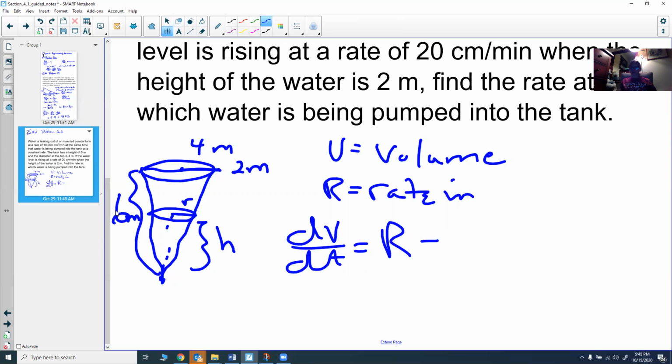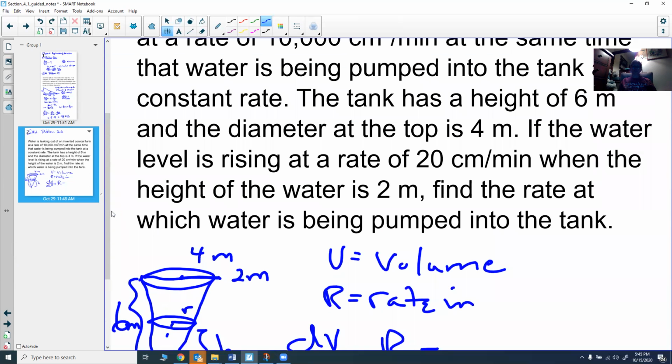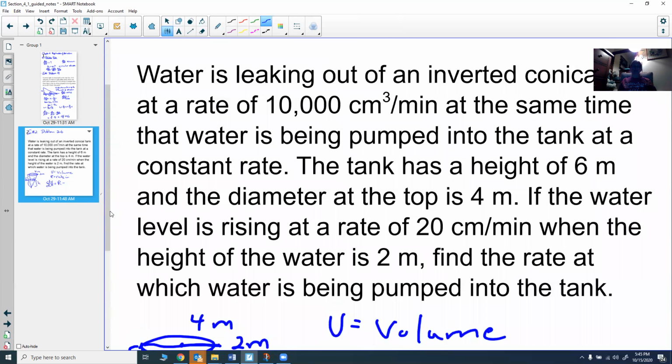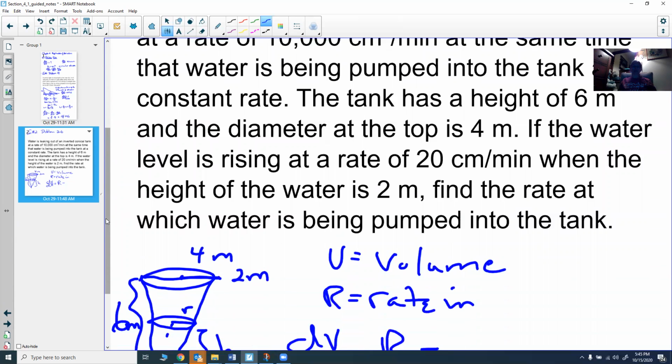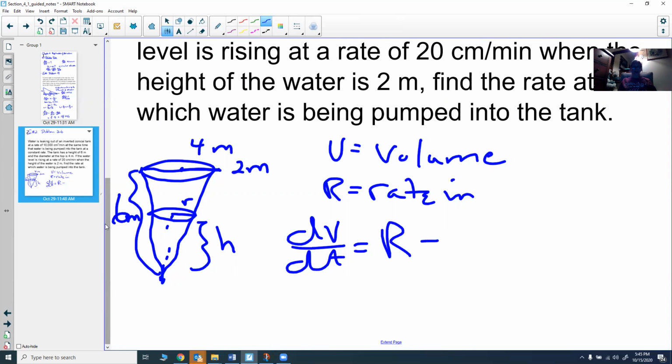And the rate out was equal to 10,000 cubic centimeters per minute. So that's a constant. We know what that is. It's not going to change. So that's not changing. So we can subtract it off. And again, that's cubic centimeters per minute.